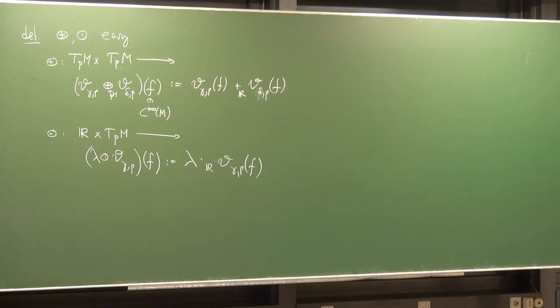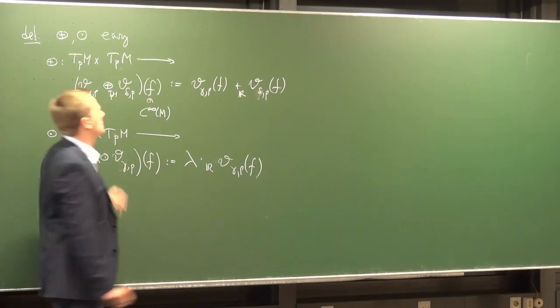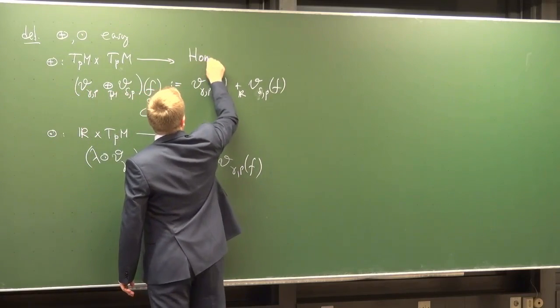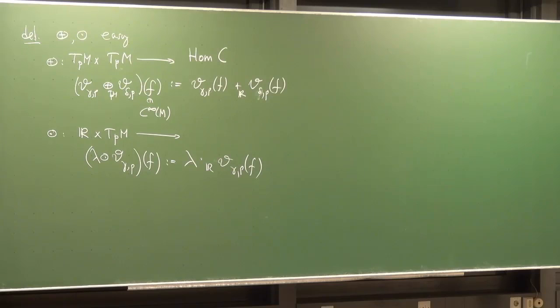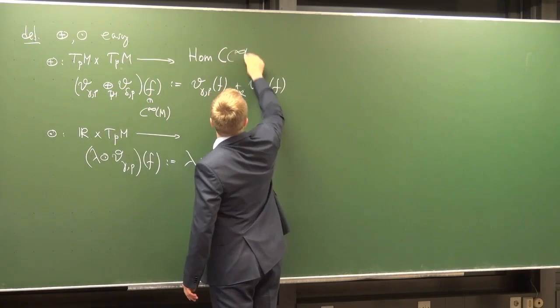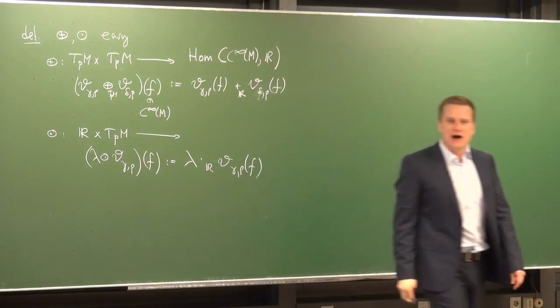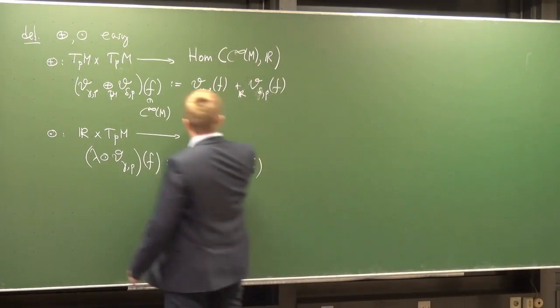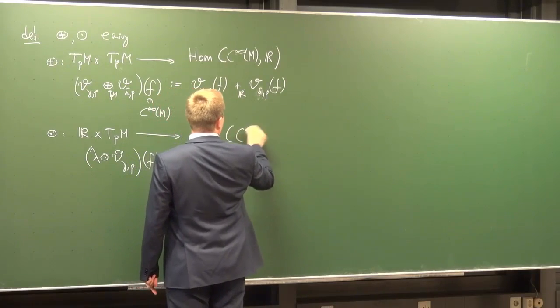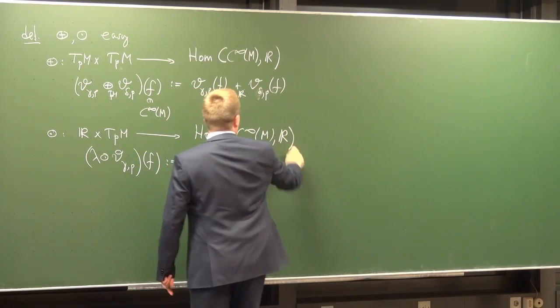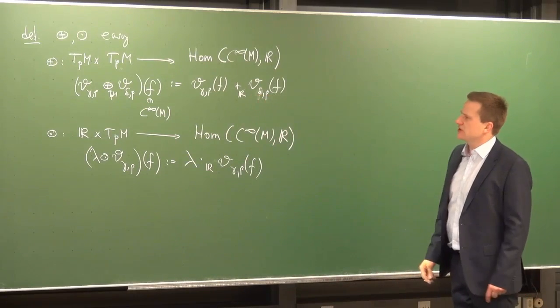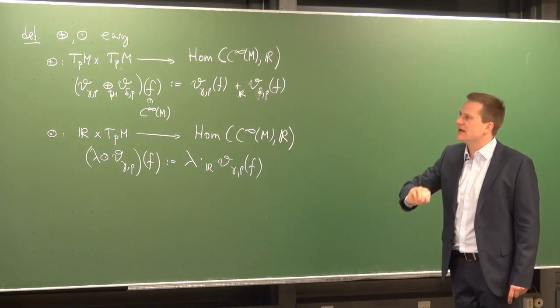Now, I can add them all right, but there's one problem. If I add two maps, what I get out is a map of that type, and a map of that type is a map from C∞(M) to R, a real map. I could have also written C∞(M)*. And here the same, a map from C∞(M) to R, because that's just what you get if you add two such maps.